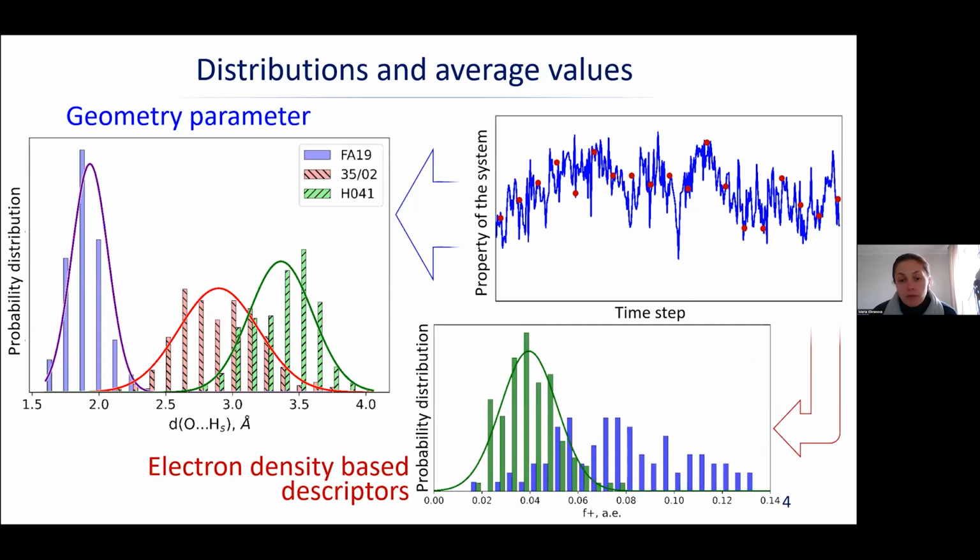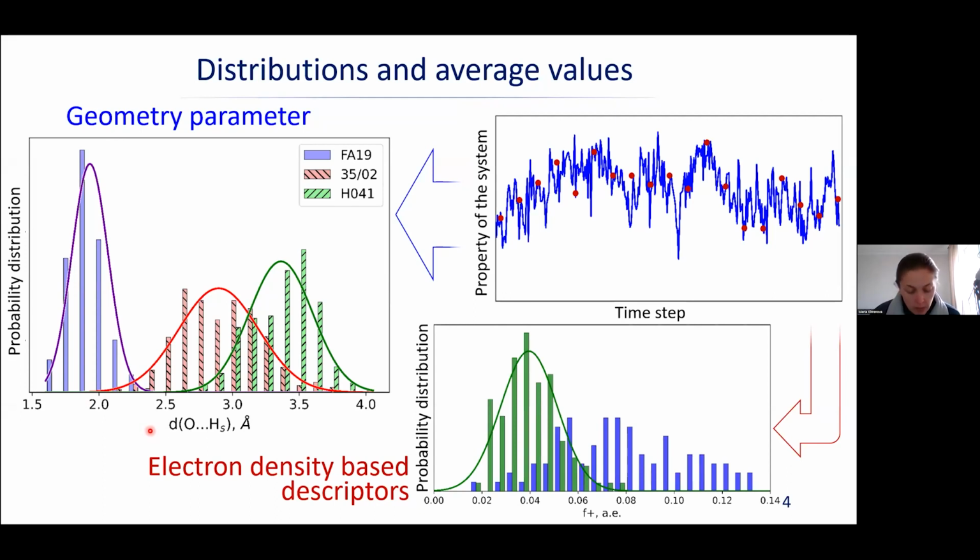As a result of this simulation, we obtain the set of MD frames, an MD trajectory, and we can analyze it from different points of view. Of course, the simplest way is just to analyze geometry parameters, like, for example, interatomic distances that we suppose to be important in the particular case.